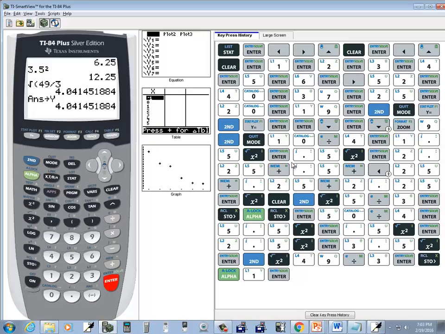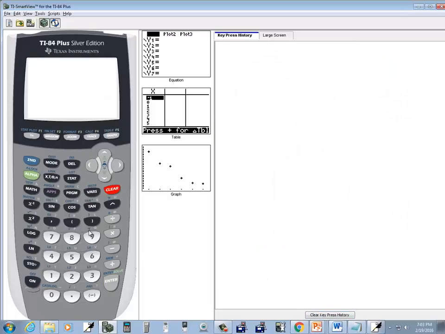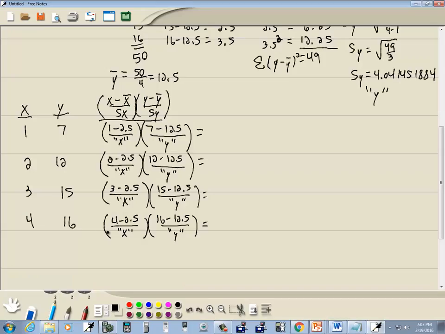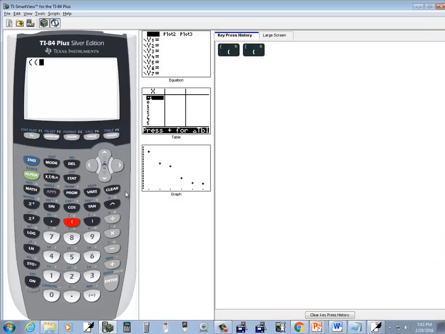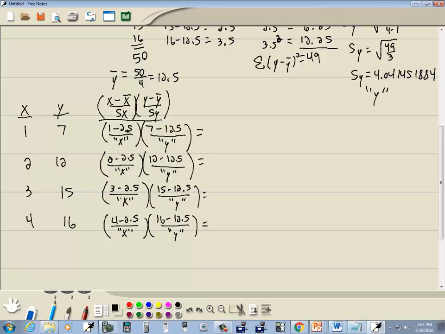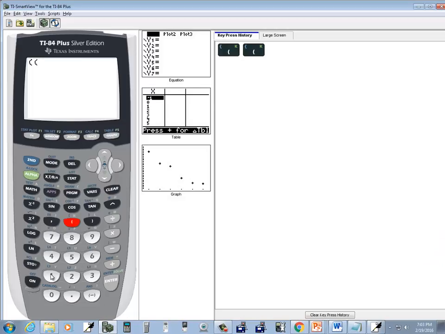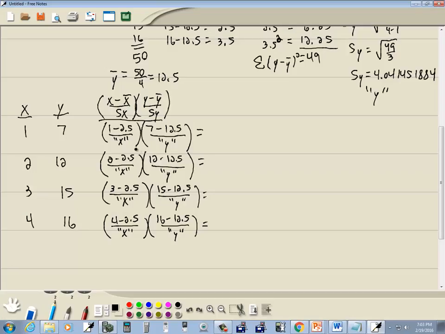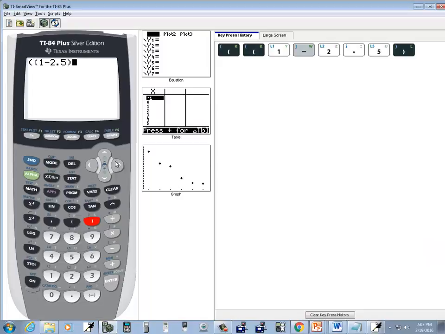Okay, so on our calculator, I'm going to have a beginning parentheses. Now I'm going to do another beginning parentheses for the top of the fraction. That's 1 minus 2.5. Closing parentheses for the top of that first fraction. Divide by x, so divided by alpha store.